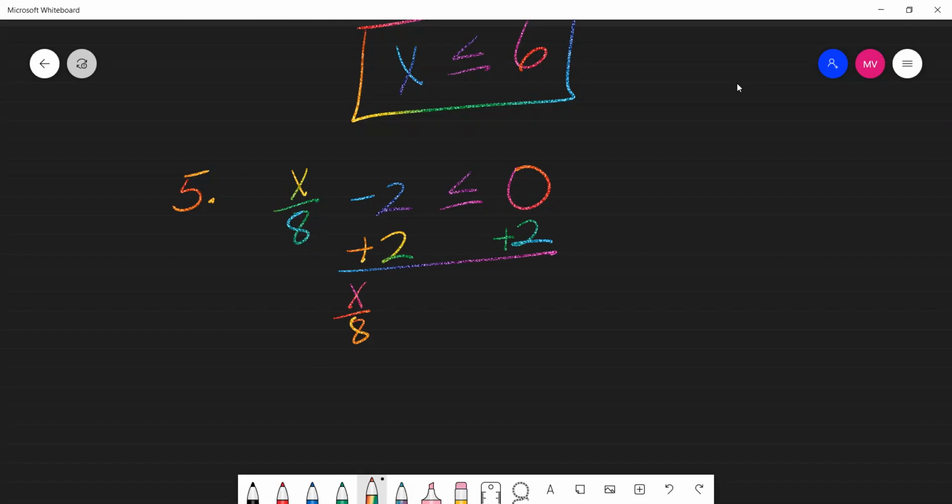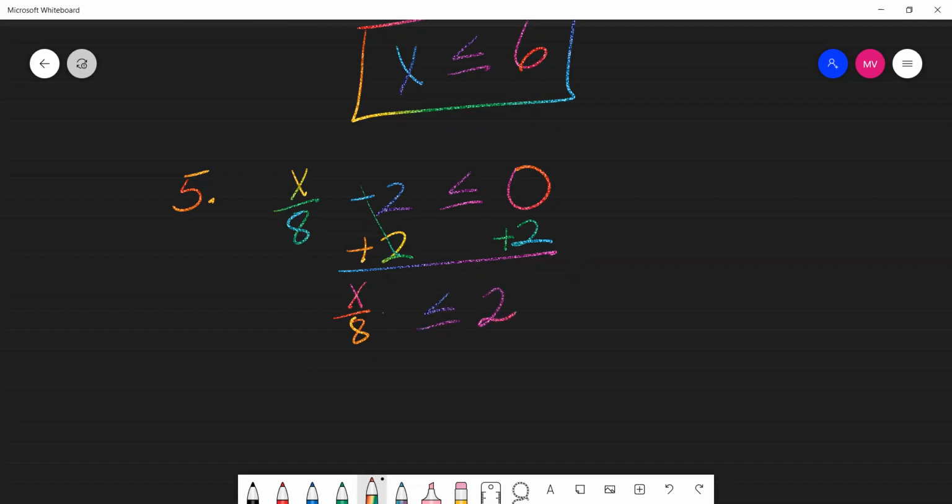X over 8 plus 2. Negative 2 plus 2 is plus 2. Well, that's why we added 2 to both sides, to get rid of it. Okay, keep it the same. Less than or equal to 2.